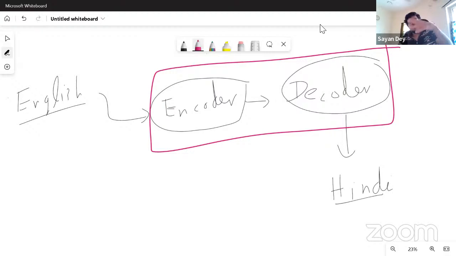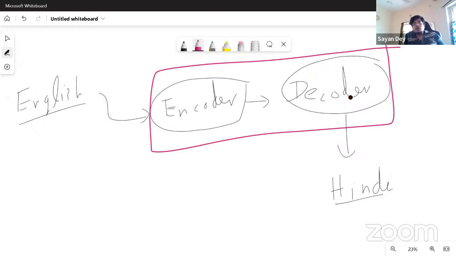And then you take those sequences of numbers and you pass them to the decoder, and the decoder will basically take those numbers and convert them to Hindi, and it will generate a sequence of words in Hindi. That's the way the decoder will basically work. And this is the idea behind what we call the encoder-decoder architecture overall.